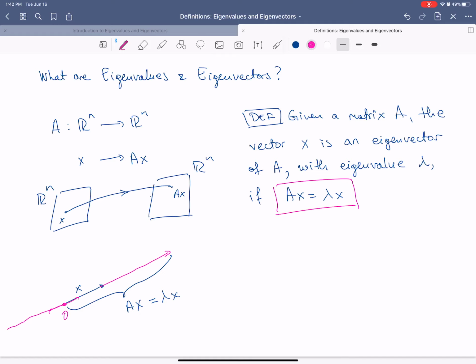So the basic definition for eigenvalues and eigenvectors is this one equation.